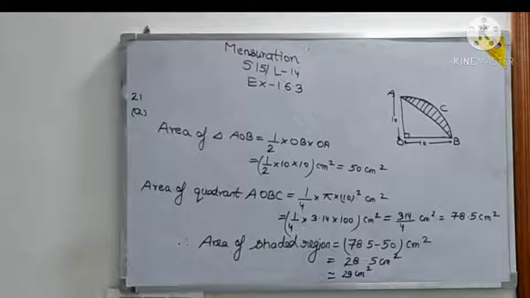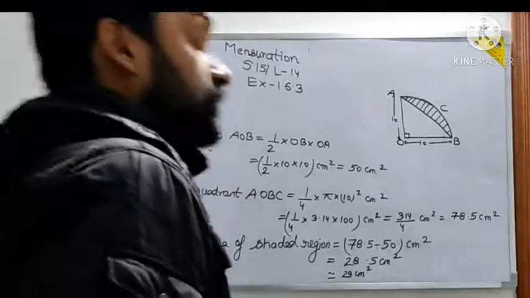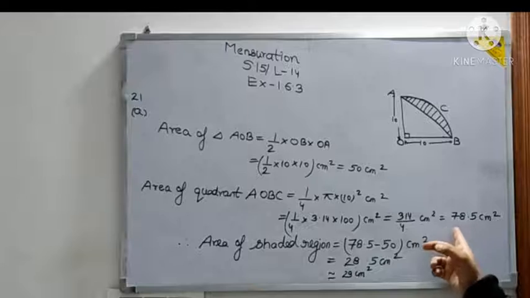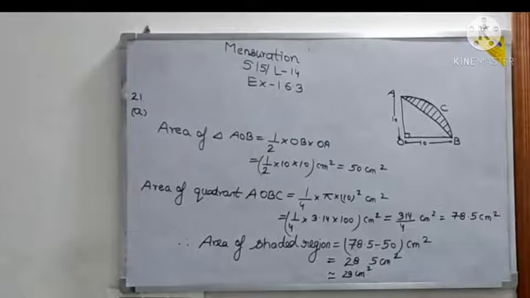So that area of the right angle triangle we are removing, and then we will get the area of the shaded portion. So area of quadrant is 1 by 4 pi r square. The question is saying to take the value of pi as 3.14, and you get 78.5. So see here, don't round off here, because they said calculate the area correct to two significant figures. So in that way, you will get the answer as 28.5 only, and 28.5 will round off. That answer will be 29.